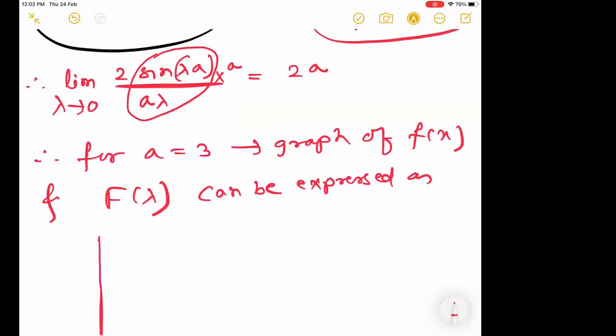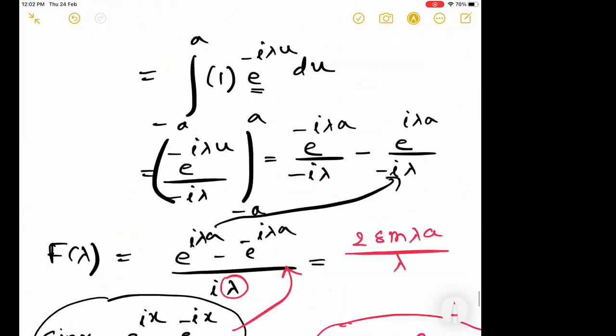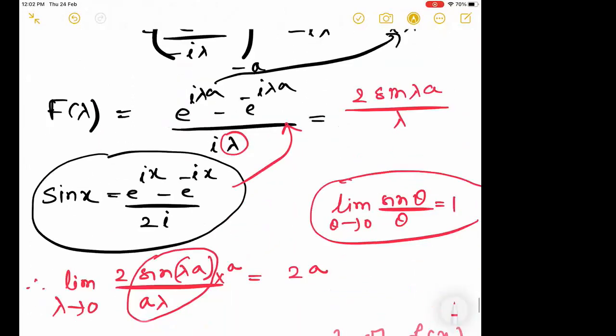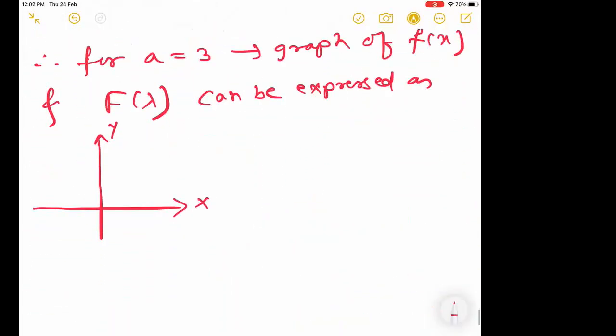This is your graph of fx function. So if a is equal to 3, this is 2 into 3, that is 6, so f lambda is equal to 6. And you will be getting the answer for minus 3 to plus 3. This is minus a to plus a, means minus 3 to plus 3. So you will have here minus 3, this is plus 3, and then you will be getting this as a step.